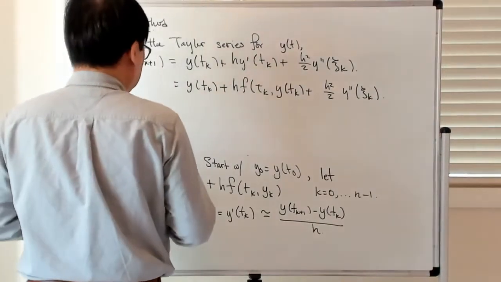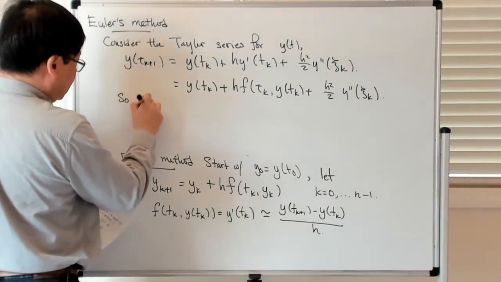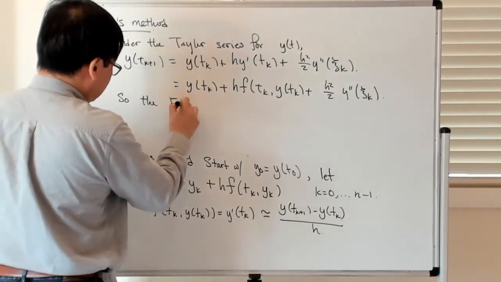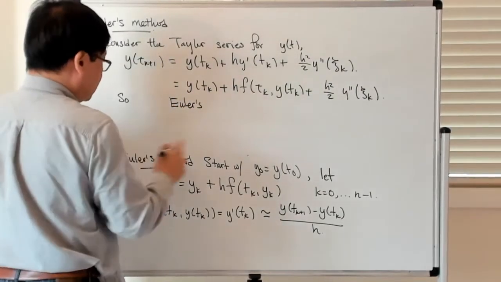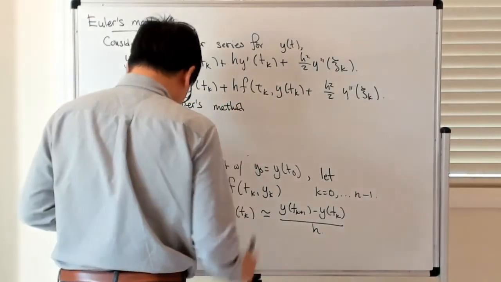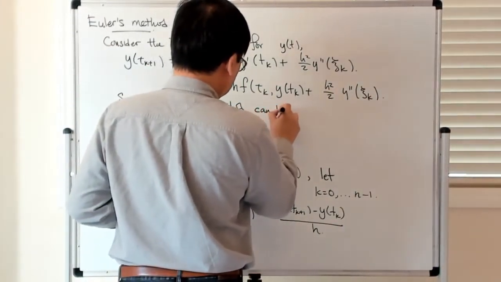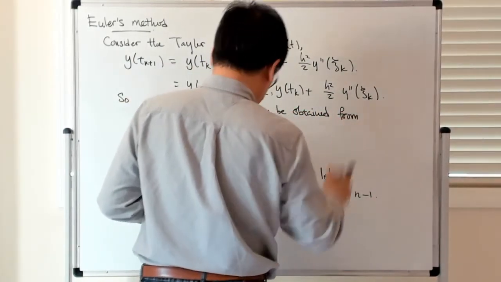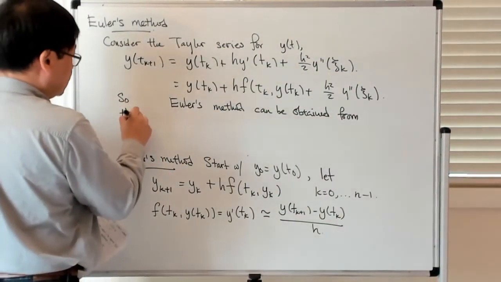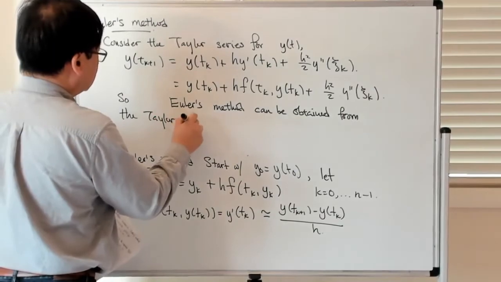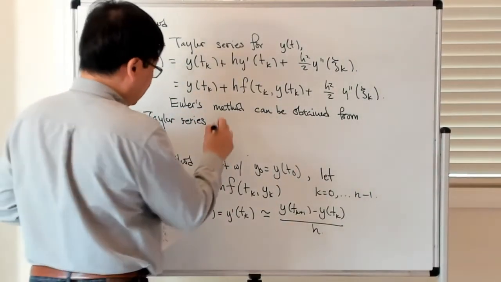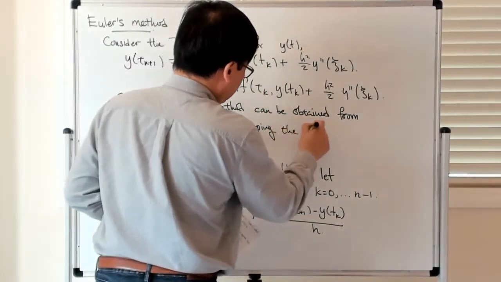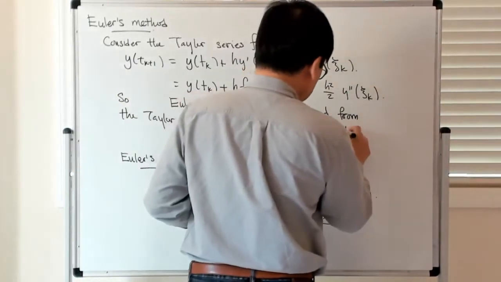Okay, so Euler's method can be obtained from the Taylor series by dropping the big O of h squared term in the series.